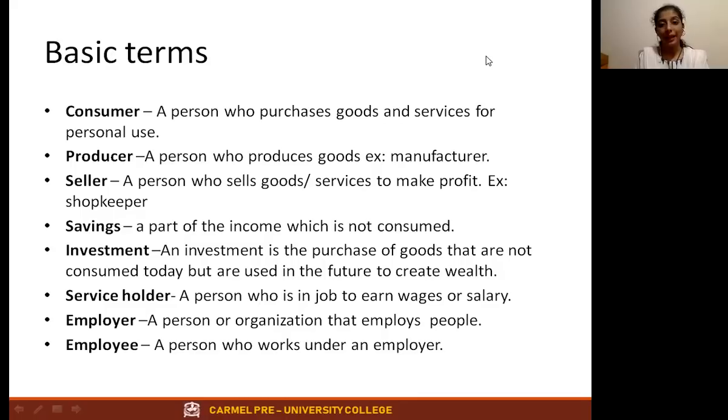Then comes investment. An investment is the purchase of goods that are not consumed today but are used in the future to create wealth. So a certain amount is kept as savings, and that savings will be invested somewhere for future use.